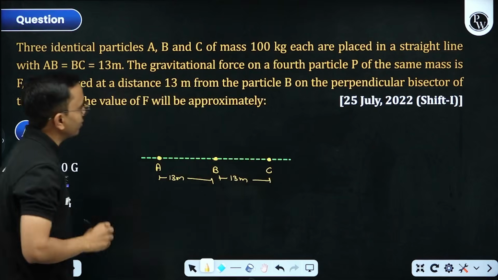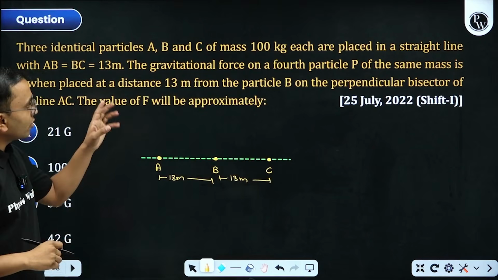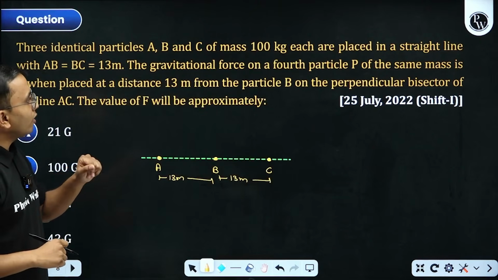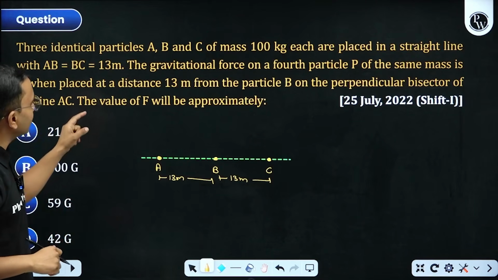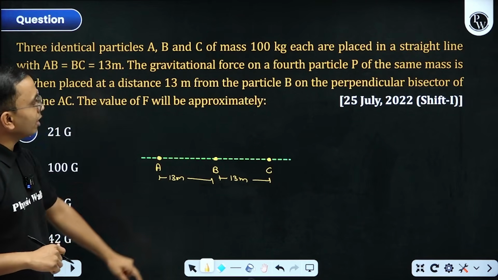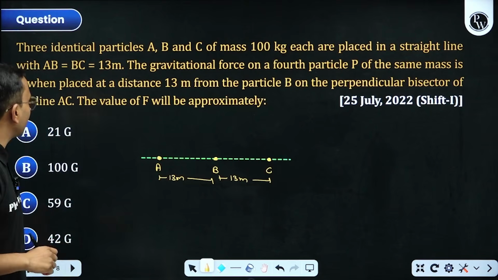Now let us read further. The gravitational force on a fourth particle P of the same mass is F when placed at a distance 13 meter from particle B on the perpendicular bisector of line AC.